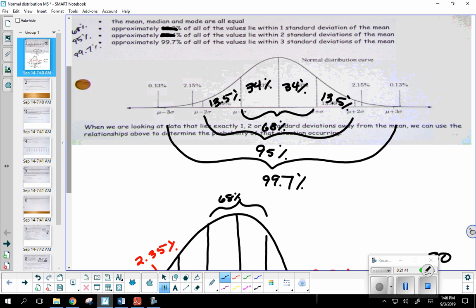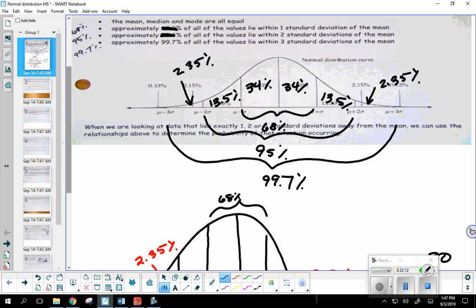Now, what's half of 4.7? 2.35, there we go. So this little area right here is 2.35%. This little area is 2.35%. So don't worry about the values that are on there. This is how we're going to be looking at the percentages of your data.